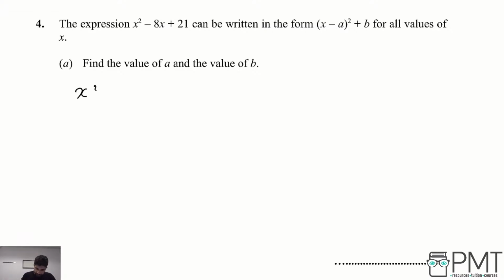I will write x squared minus 8x plus 21 is equal to (x minus 4) squared. So I put the x because I have an x squared term. Then I will put minus 4 because of the minus 8.